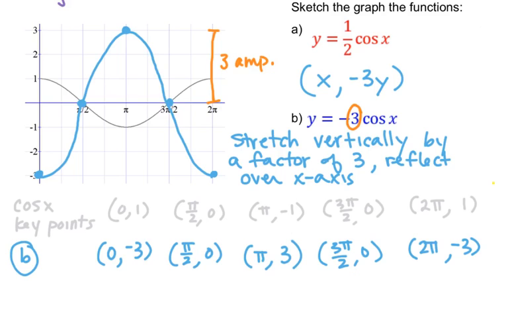So I've listed my 5 new key points. I've sketched my graph. I've described my transformation. In the previous video, we talked about a vertical shift. Now we've talked about a vertical shrink, stretch, or flip. So we've got 2 other topics to cover before we can combine them all together.